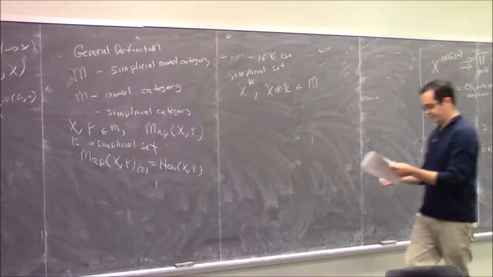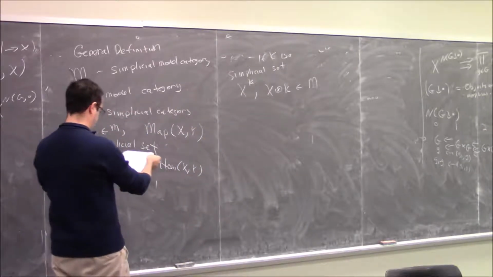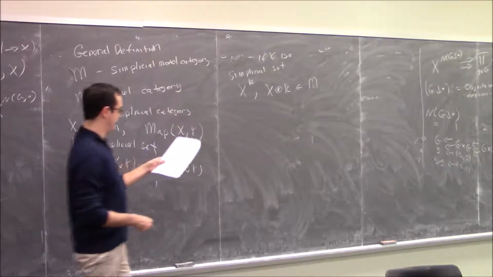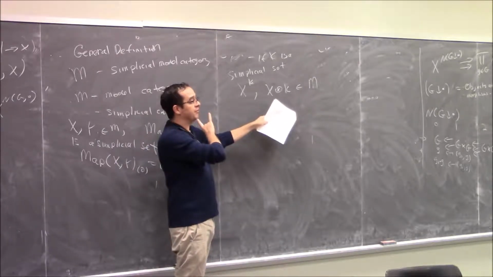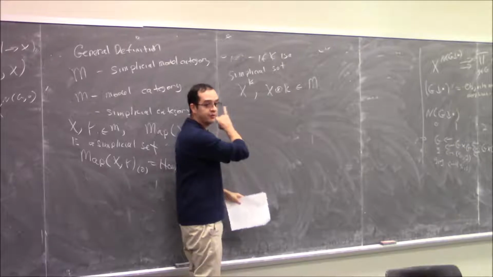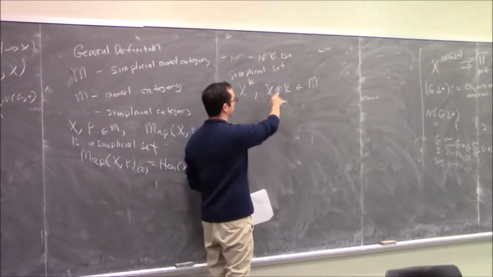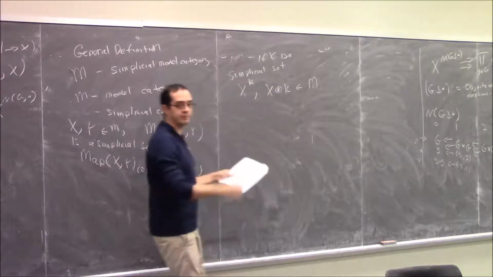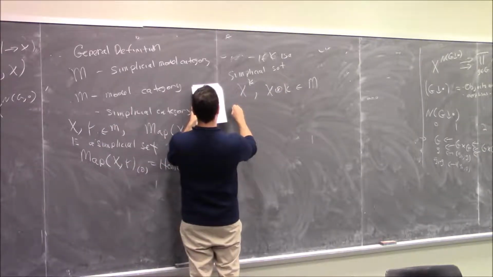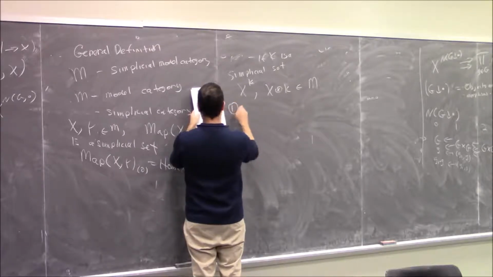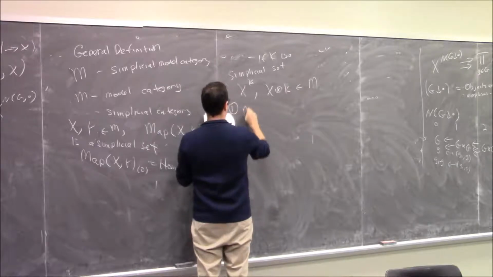Let me just look at my notes for that. What does that mean, the tensor? X tensor K? It's part of the structure, part of the definition. If you want to show something's a simplicial model structure, you have to define these. But it has to satisfy a tensor axiom.